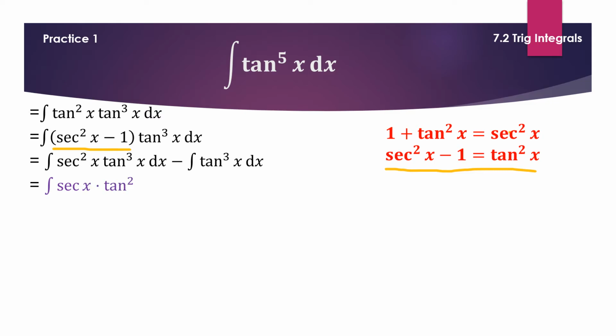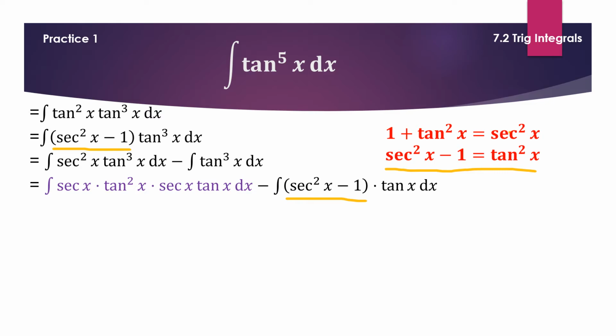And we will write secant squared x as secant x times secant x. And again, for the integral tangent cubed x, we'll write tangent squared x times tangent x dx.